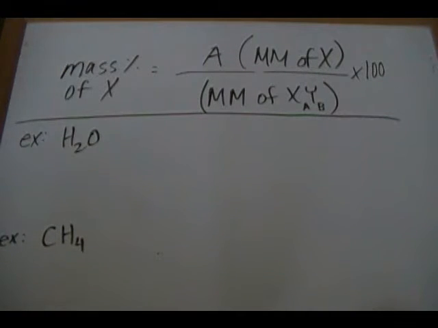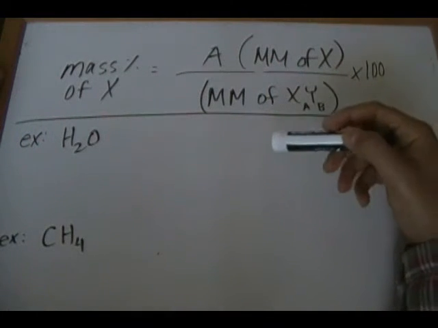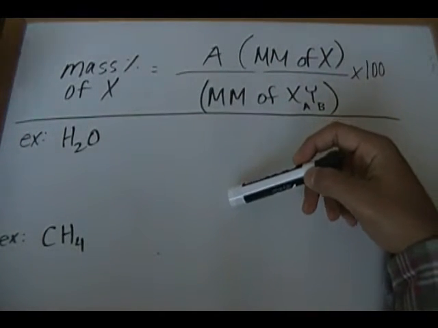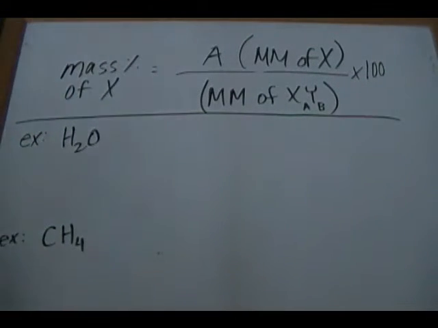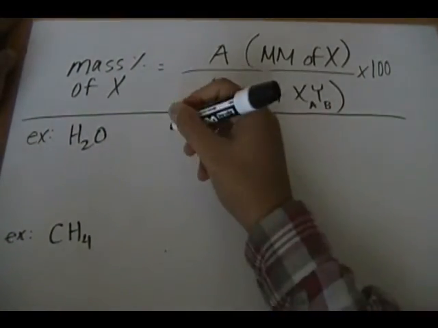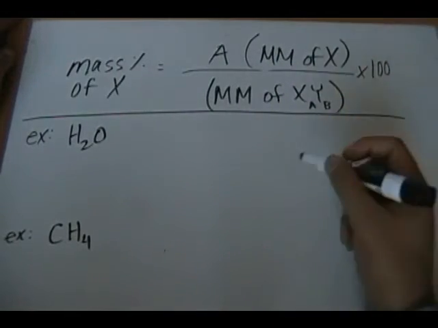So here I have two examples, and we're going to implement this formula that I have up top here to figure out the mass percents of every single atom in each one of these examples. So let's start off with H2O. Let's find the mass percent of hydrogen in water. We're going to just basically plug in things into this formula.